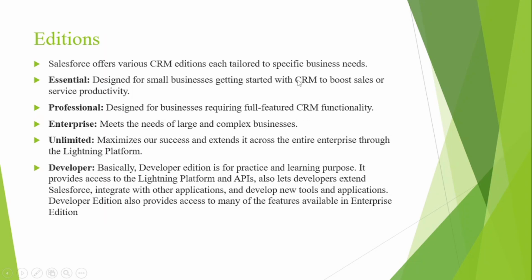In the essential edition we are not getting full CRM functionality, but in professional edition we get full CRM functionality. Next is enterprise edition, which meets the needs of large and complex businesses. If the business has complex scenarios, we have to go with enterprise edition. Most of the companies are running with enterprise edition.